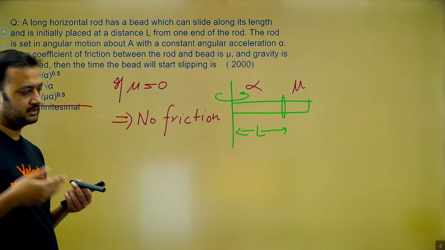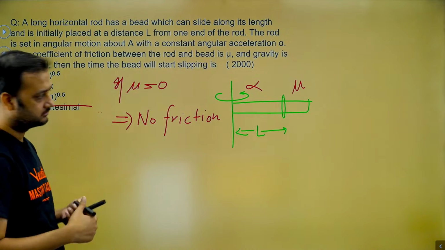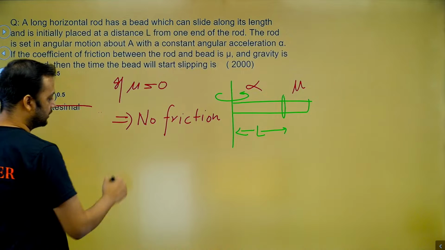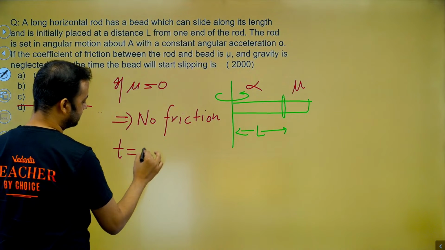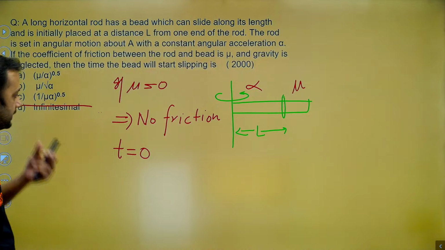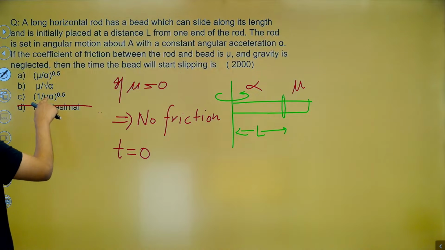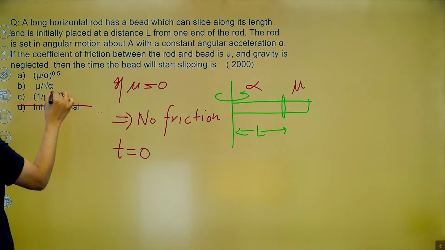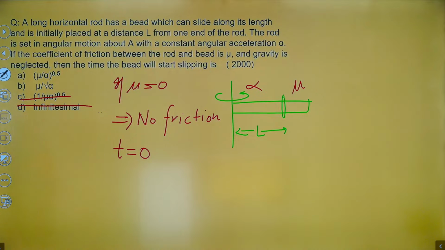The moment you start rotating, it will go away. It will not wait. So in this case, the answer should be 0. If you put mu 0 here, option C becomes infinite. So this is wrong.